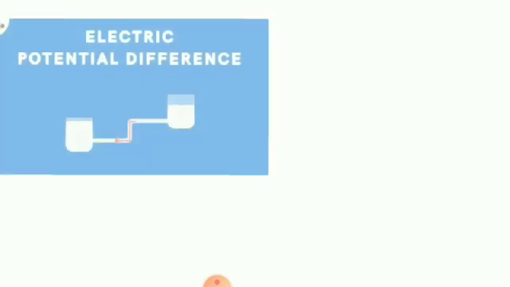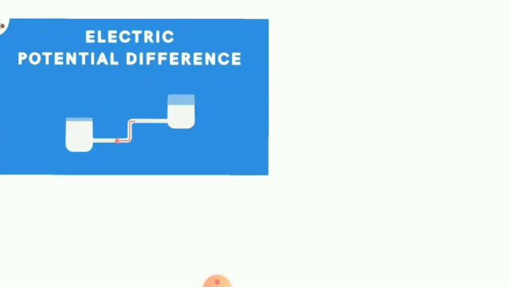So we denote it as V equals W by Q, where V is the potential and W is the work done. Now, what is potential difference? As we have seen in the example of the water tank, water goes from a higher level to a lower level.